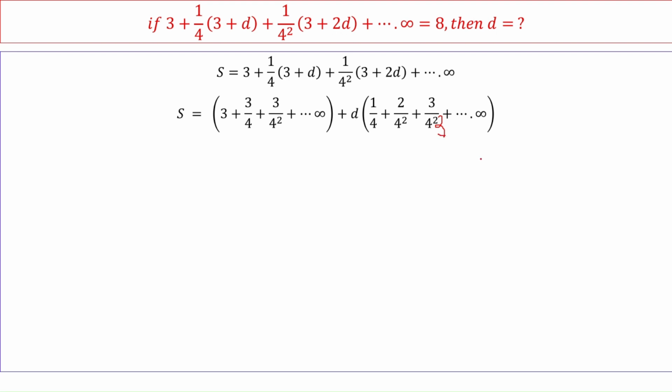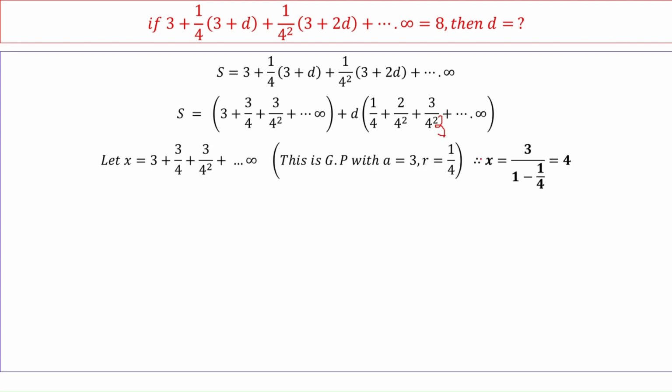Okay, now if I go this way, this is the sum of two geometric progressions. So first one I am calling x, second one I am calling y.